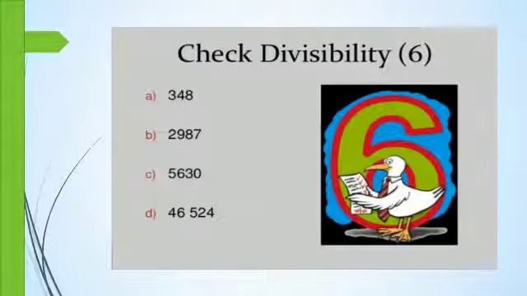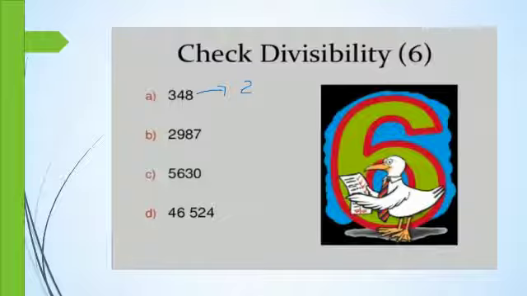So here we have to check the divisibility of 6. The first question is A, and that is 348, and here you can see that the last digit is an 8. So it means this number is divisible by 2.